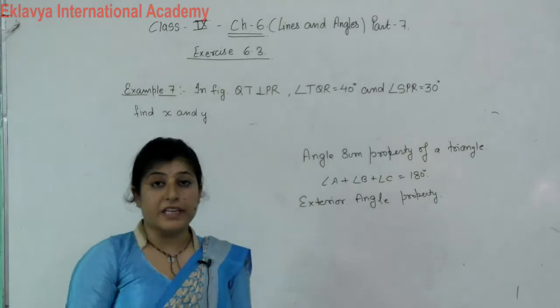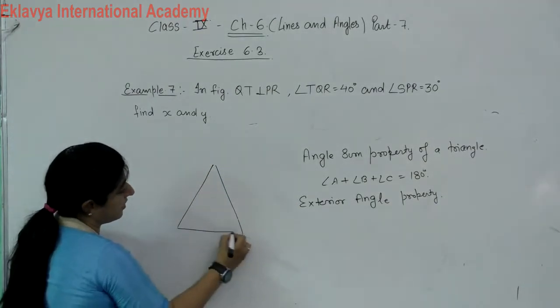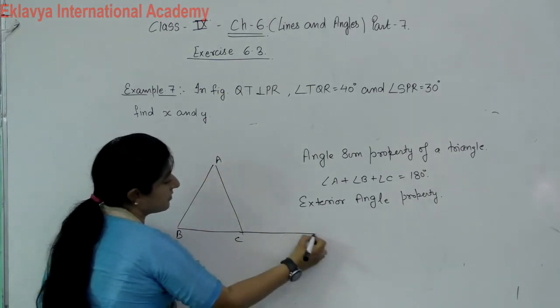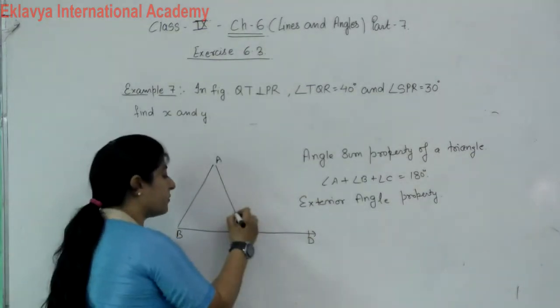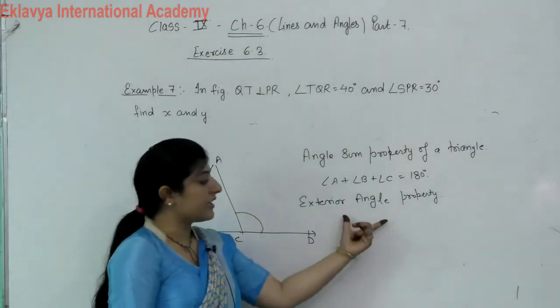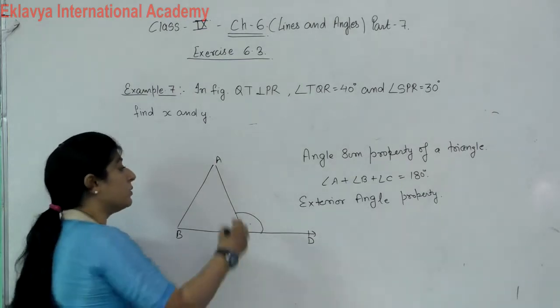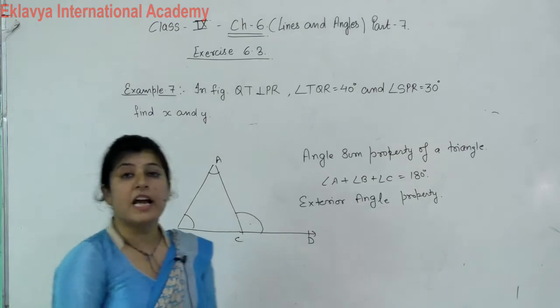Exterior angle property in a triangle: when a side is produced, then it forms an exterior angle. And what is the exterior angle property? That exterior angle is equal to the sum of the two interior opposite angles.